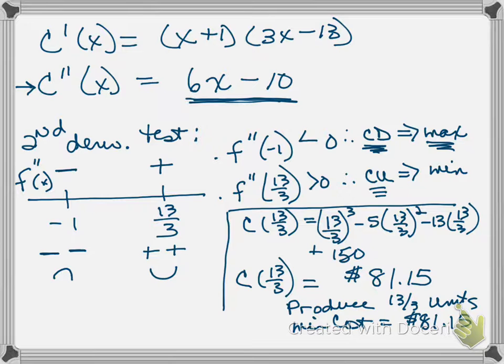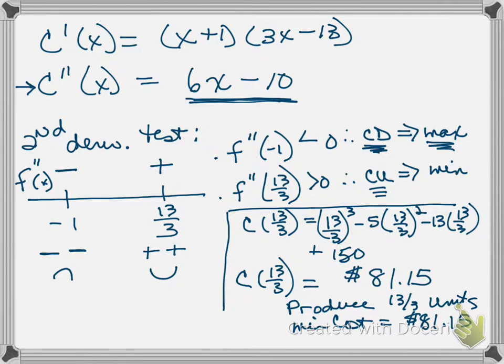Okay, so that's the final answer. This is an important question because I go through the first and second derivative tests. I explain that I did not test the inflection point at any point, and my conclusion is that I have a minimum cost of $81.15 when I produce 13 over 3 units, which is about 4.3 units.